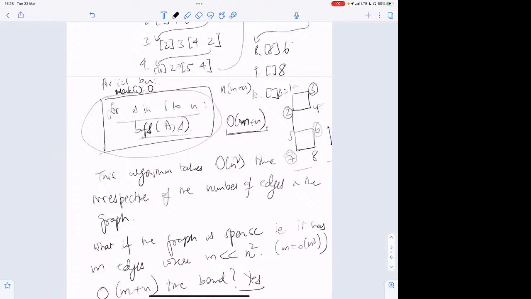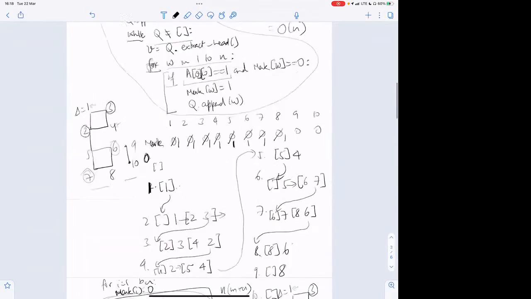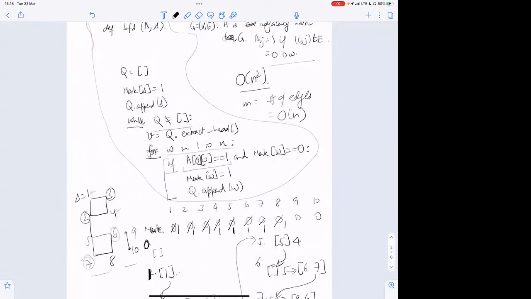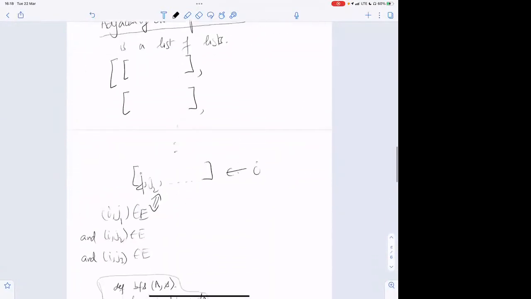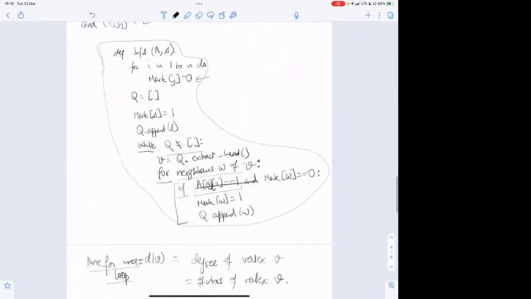So I claim that a vertex will be visited exactly once in this. A vertex will be marked only once and it will be explored, meaning, I am now doing this for neighbors w of v, only once, correct?